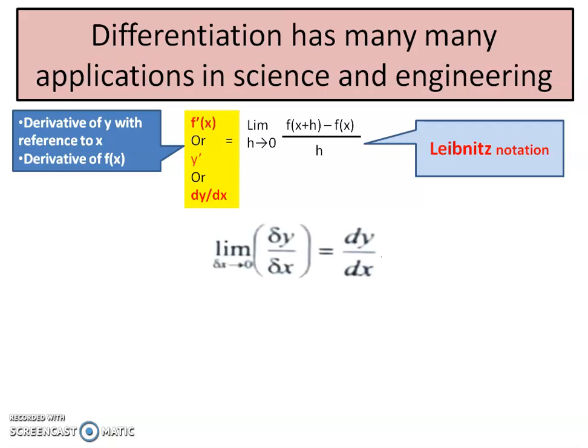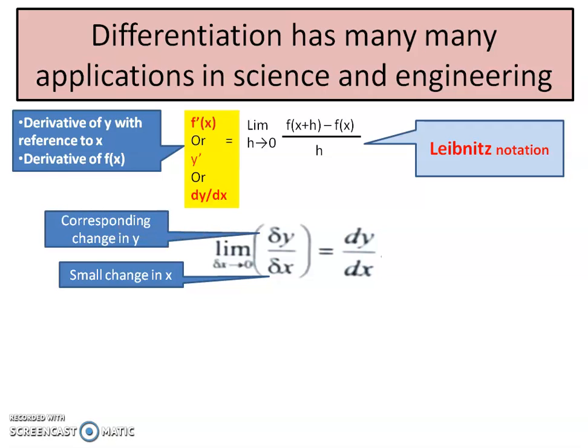It is also the limit as delta x tends to 0 of the ratio delta y upon delta x. That is nothing but dy by dx. What is delta x? A small change in variable x. What is delta y?